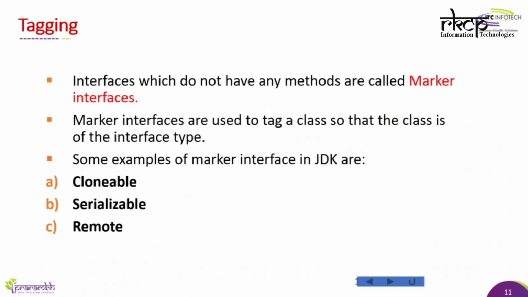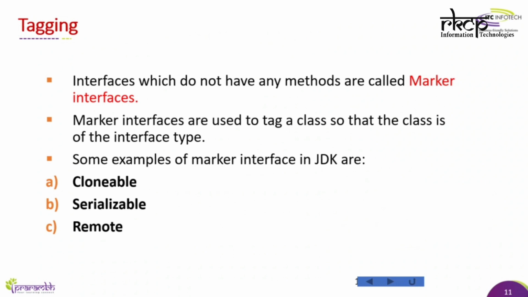So I hope you are able to understand how you use inbuilt interfaces like Comparable. In the same way, you have many other interfaces which you use for tagging. Tagging means marking. Those interfaces are known as marker interfaces.